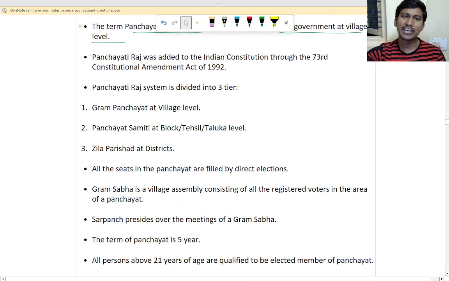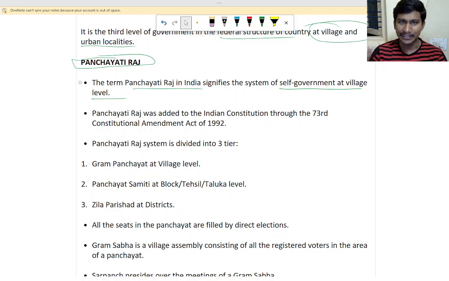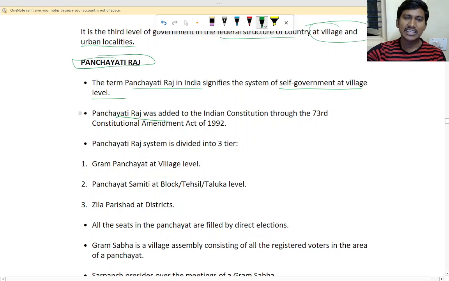Every village will have its own panchayat, and a sarpanch will be selected. He will oversee all the works for the village. So Panchayati Raj was added in the Indian Constitution.